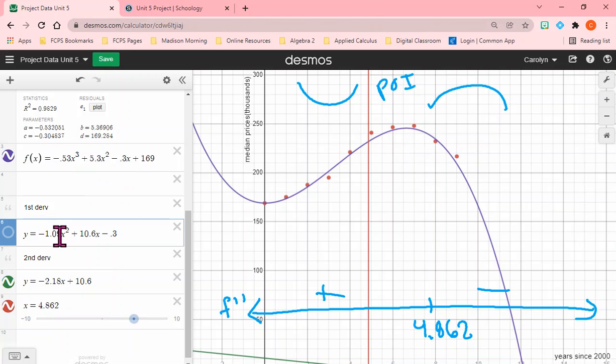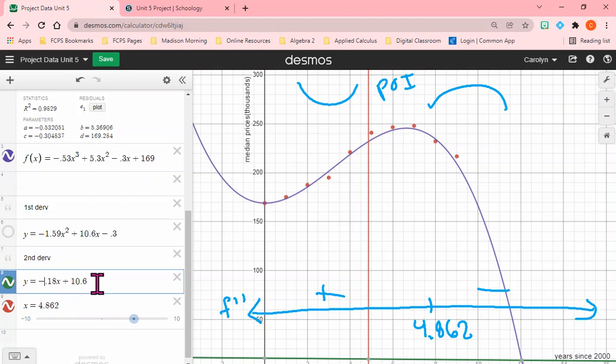Is it supposed to be 1.5? Oh, thank you. What does this one make it? 3.18, is that it?